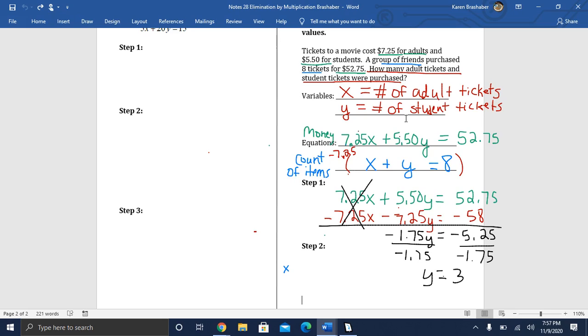So I have x plus y equals 8. That is a much easier equation for me to substitute my 3 into. So I'll have x plus 3 equals 8. Now I can subtract 3 from both sides and get x equals 8 minus 3, which gives me 5.